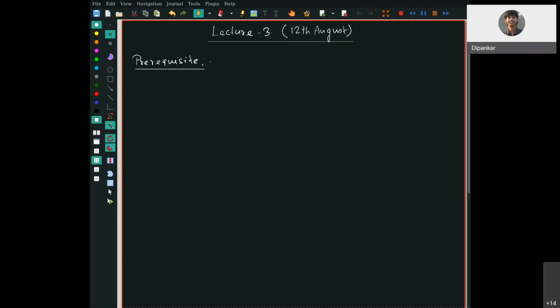These are not something major. You should already have some elementary idea about these things that I'm going to mention. So first of all, on the calculus side, you should have a very good grasp on the partial derivatives and so on. So you should understand what partial derivatives are.